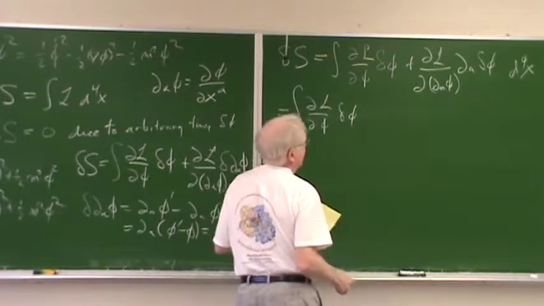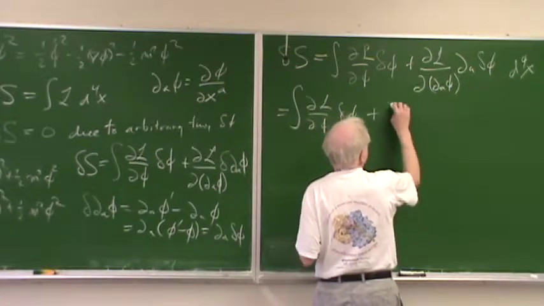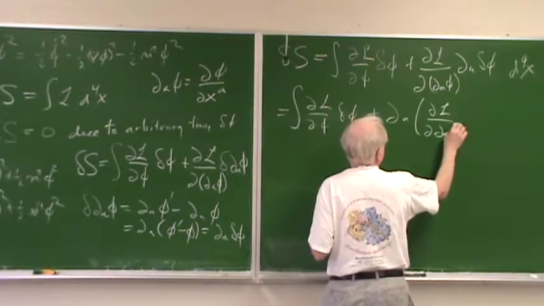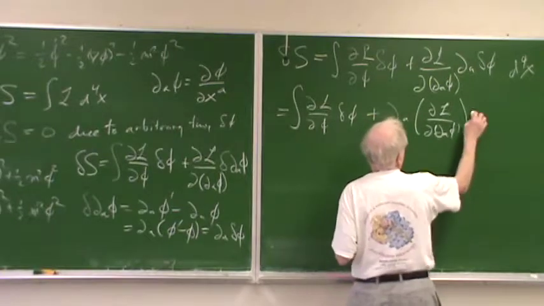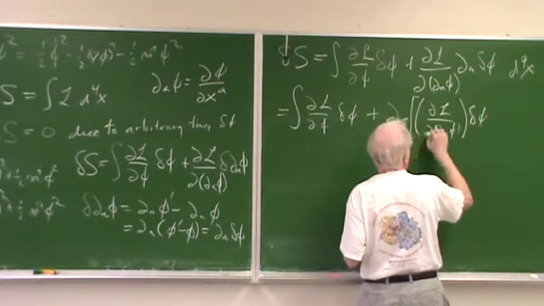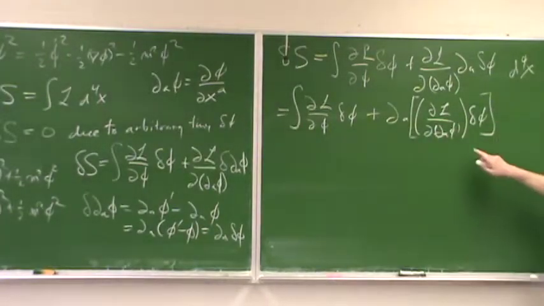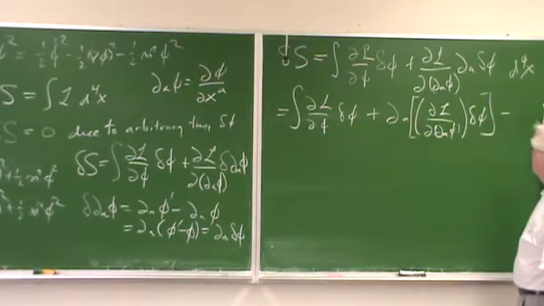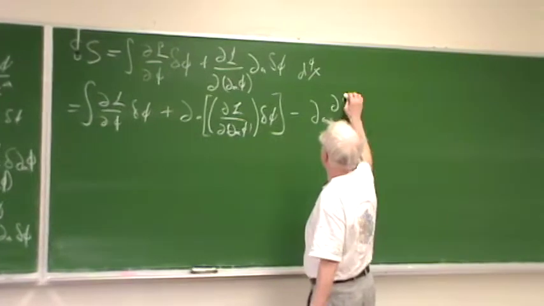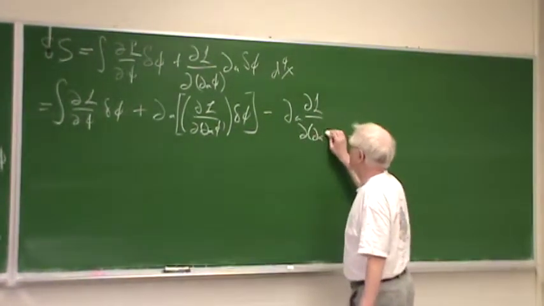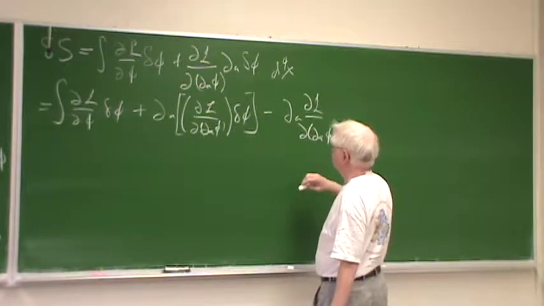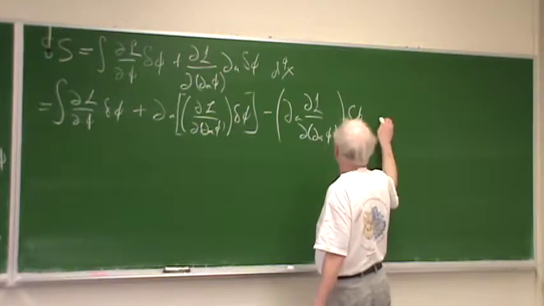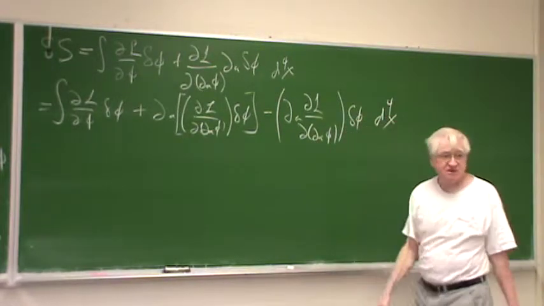We first write this as a total derivative, ∂_a of (∂L/∂(∂_a φ) δφ). But now this one has a derivative acting on this, which we want, but also on this, which we don't want. So we have to subtract ∂_a of ∂L/∂(∂_a φ), and then that's all multiplied by δφ, and all that's inside the d⁴x. Okay?